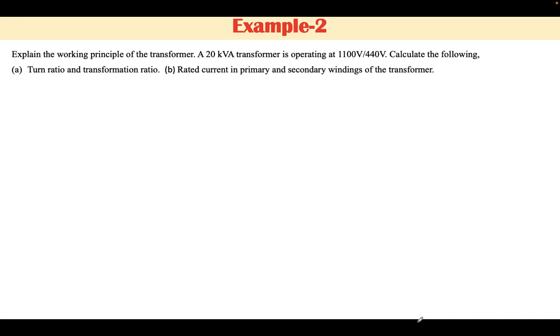Now another example. In this case we have to find out the turn ratio and transformer ratio when the transformer rating is given to us. Now what is the working principle of a transformer? The working principle of a transformer is electromagnetic induction, that is EMI.